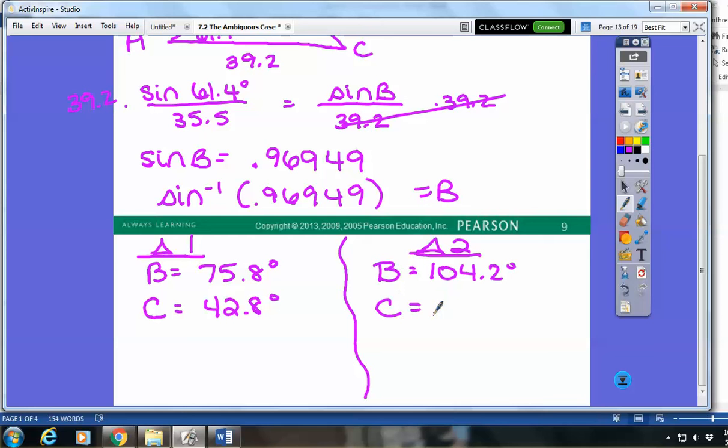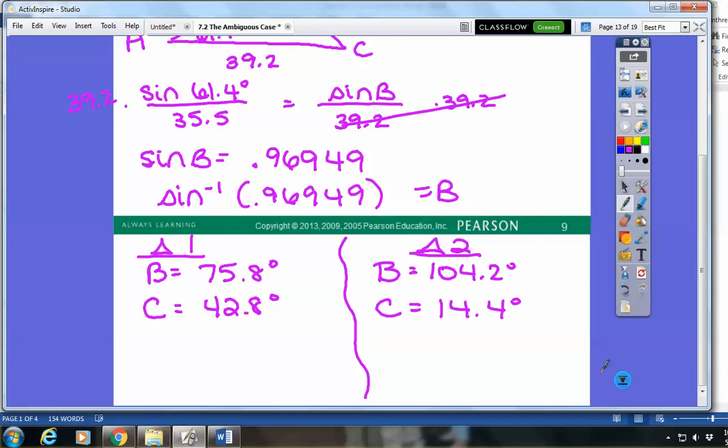And triangle 2, 180 minus 104.2 minus 61.4 gives me 14.4 degrees. Since right now I have 3 angles, they're all positive, I have 2 solutions.